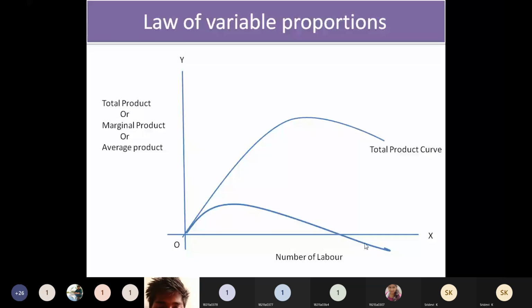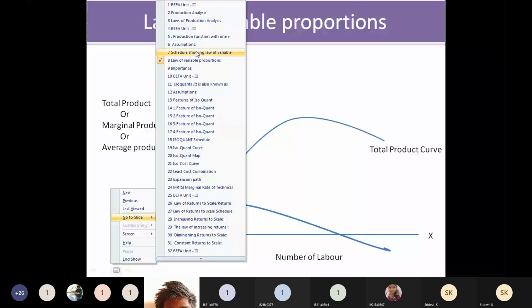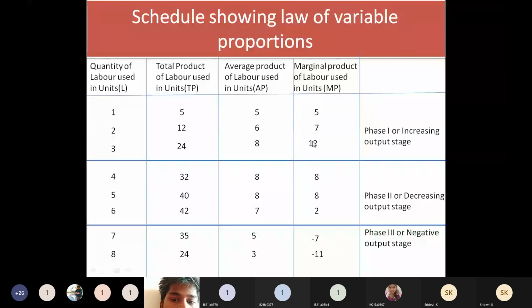For this, whether it is like that or not, you see the schedule. In the schedule, marginal product goes increasing to some extent, and then it started decreasing. Only up to 3 units has marginal product been increasing, and then it started decreasing and reached -7 and -11.